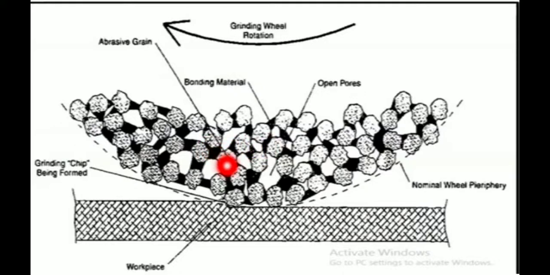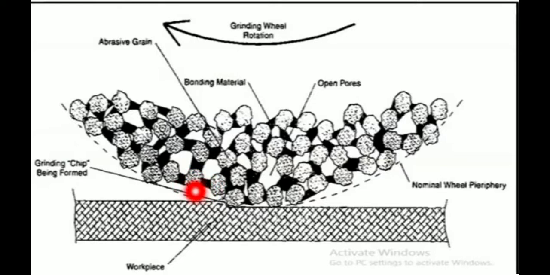There are two abrasive particles, and the two abrasive particles are connected by the bonding material. The black color indicates the bond material, and there is some spacing provided between the two abrasive particles.